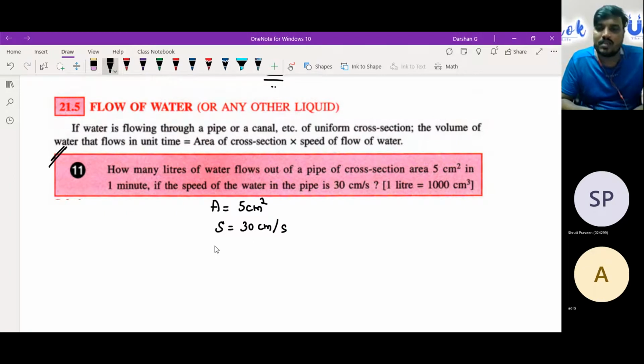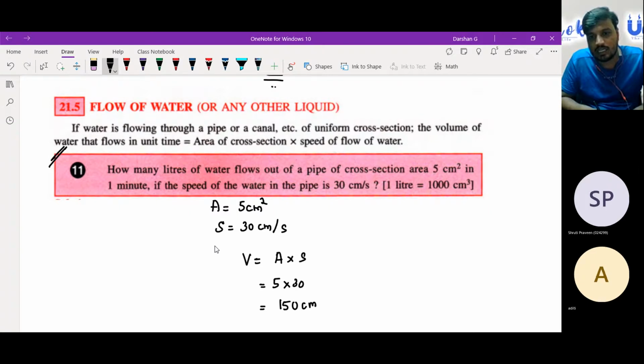So what is the thing we need to find? Volume. Volume of water is area of cross section into speed. So 5 into 30 will be equal to 150 centimeter cube of water coming in 1 second.